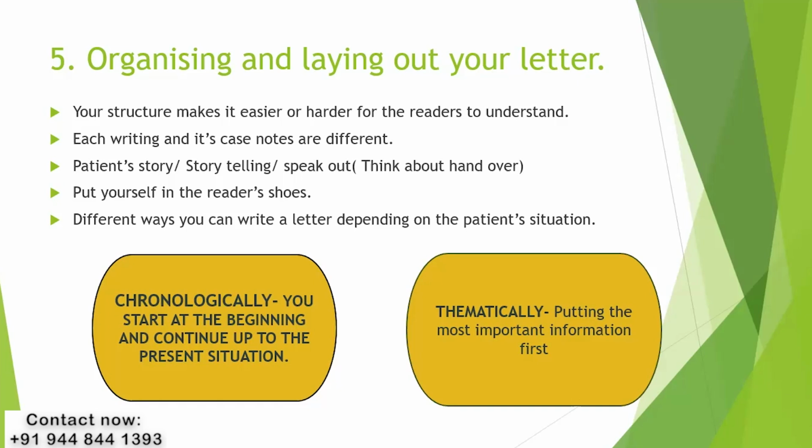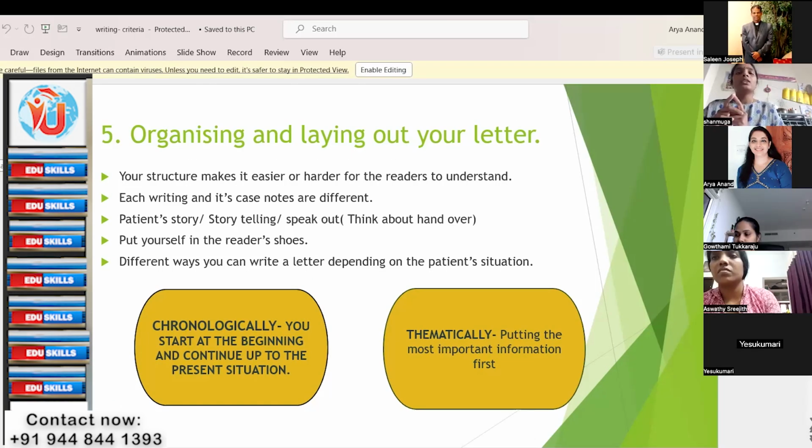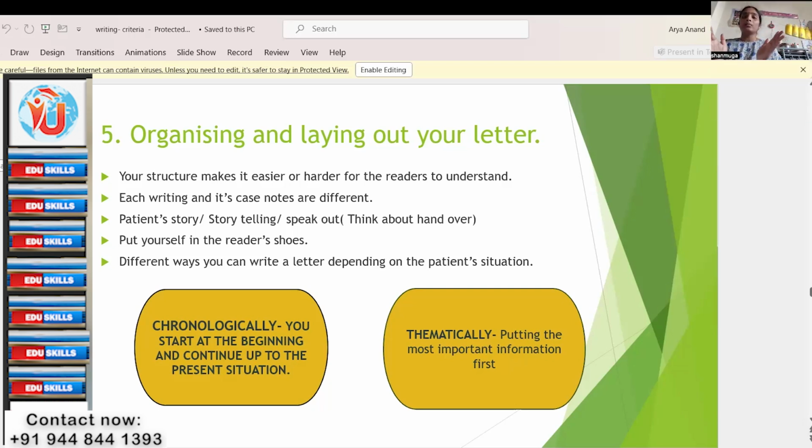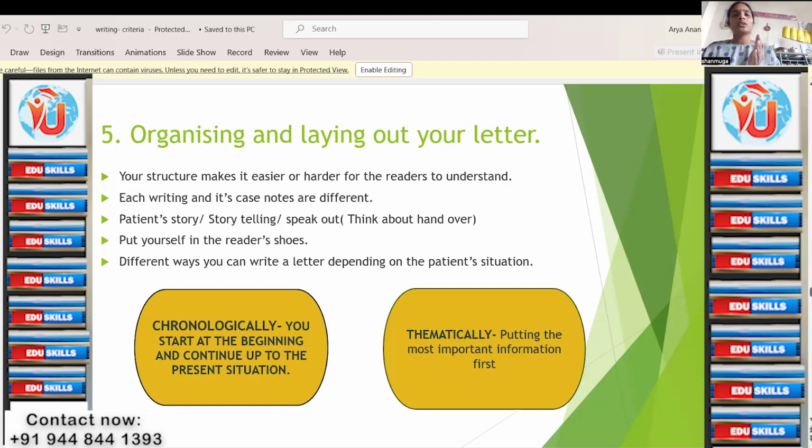There are two methods we use in OET. One is chronological, that is, you start at the beginning and continue to the present situation. If there are many visits, like first visit, second visit, third visit, you can start at the beginning and continue to the present situation.